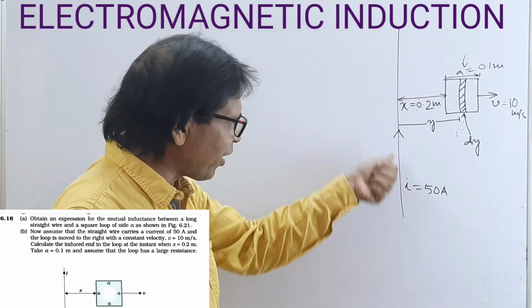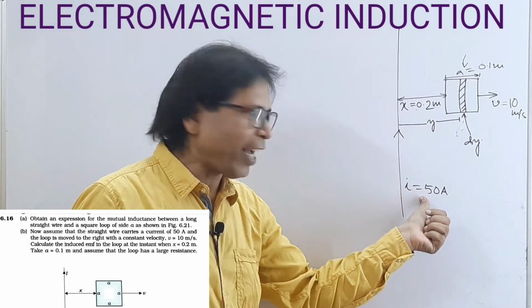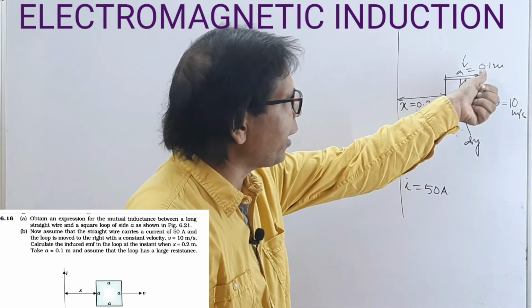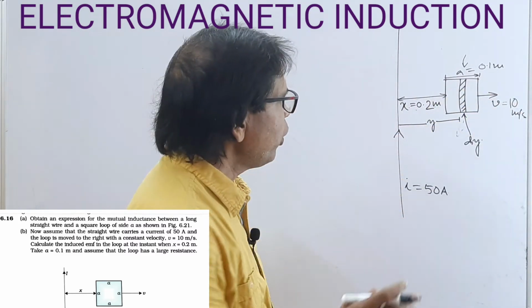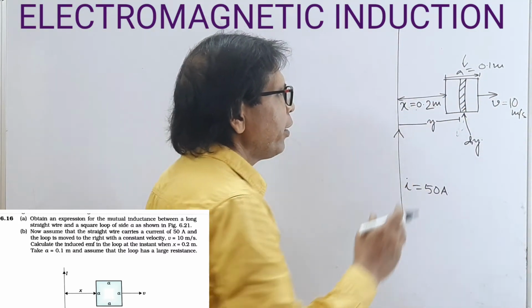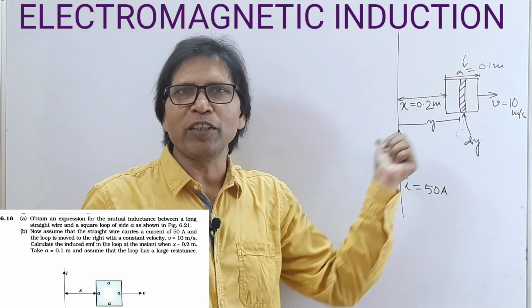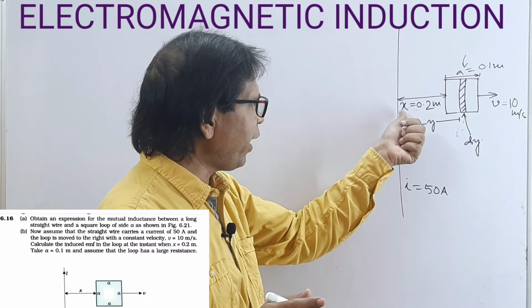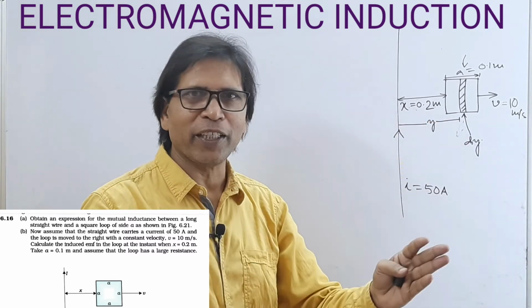Now look at this. This is a straight conductor carrying a current of 50 ampere. This is a square coil of side 0.1 meter. We have to calculate the mutual inductance between these two and the induced EMF when x equals 0.2 meter.